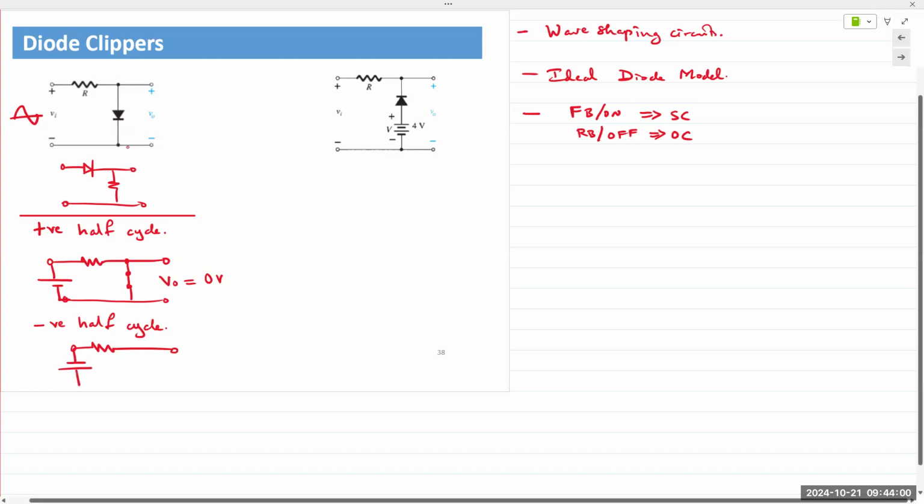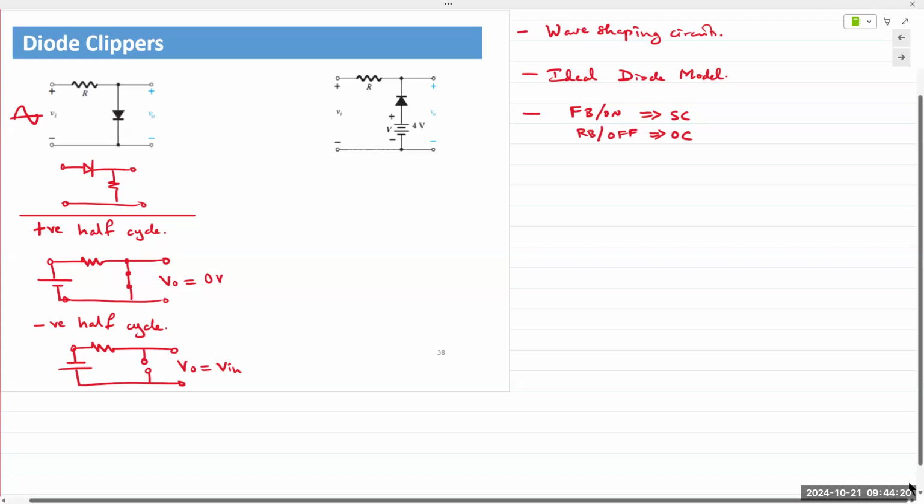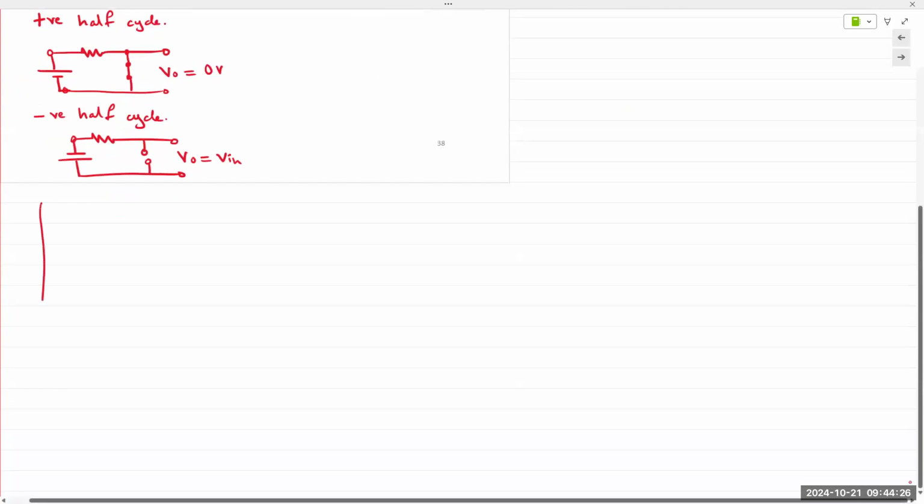So the same thing for the negative half cycle. And of course, the diode is now reverse bias, so it's off. Whatever V in we give appears at the output. So V out is equal to V in. And so for my output, I'm going to draw both the waveforms right below the circuit. This is V in, and let's stick with a sine wave.